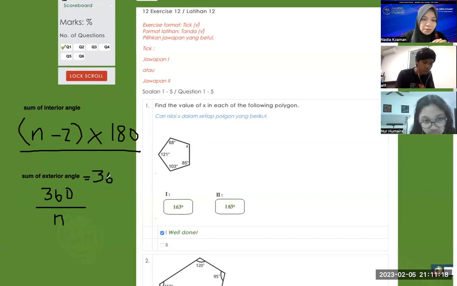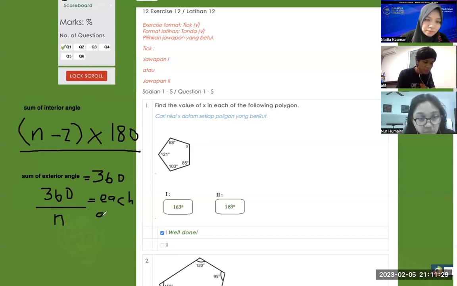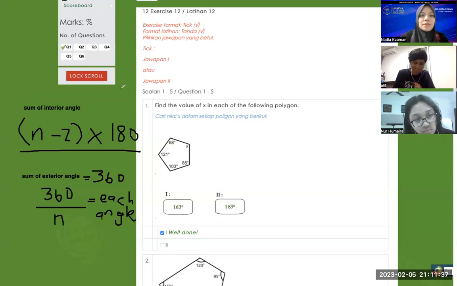But 360 divided by N is for each angle. I'm having trouble with my mouse. Actually, I can just type it down. So this one is for each angle.